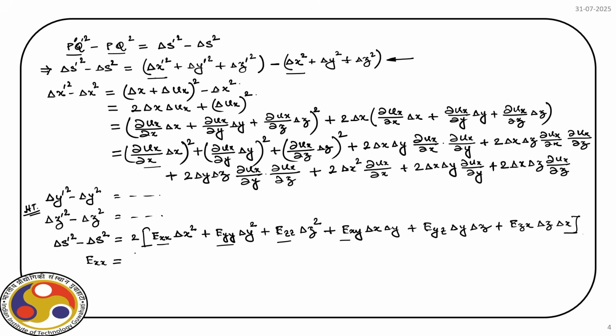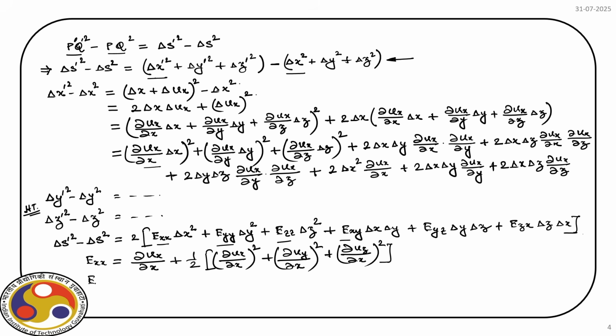This is differential u x with respect to x plus we have half, then u x differentiated with respect to x whole square plus u y differentiated with respect to x whole square plus u z differentiated with respect to x whole square.